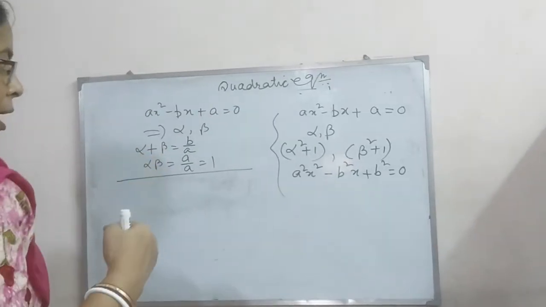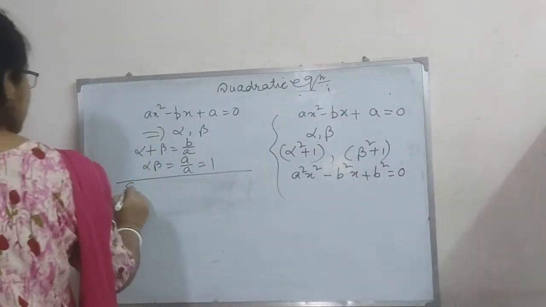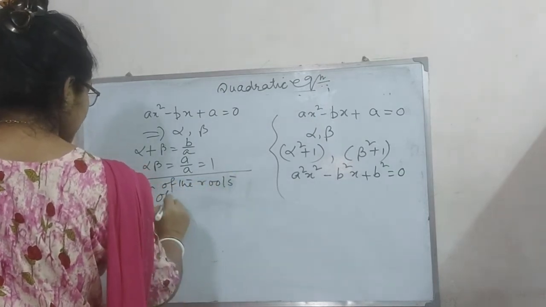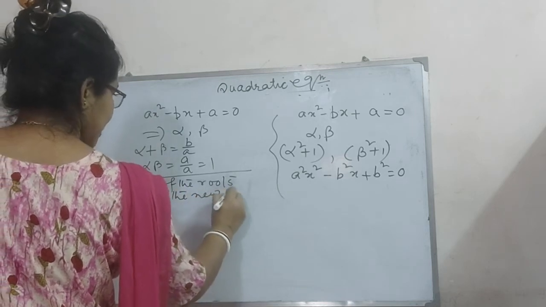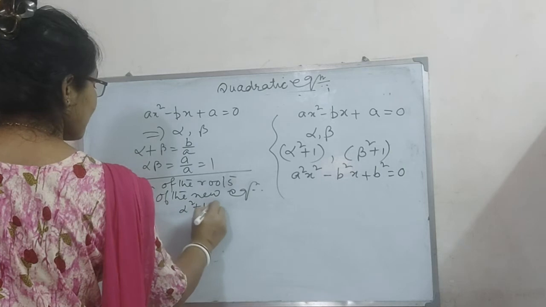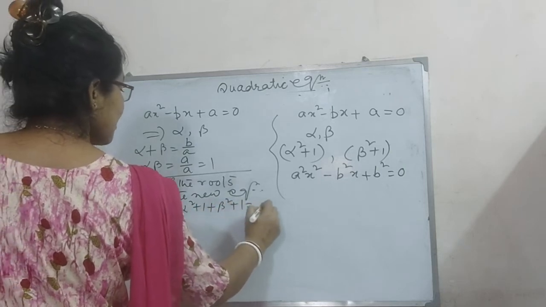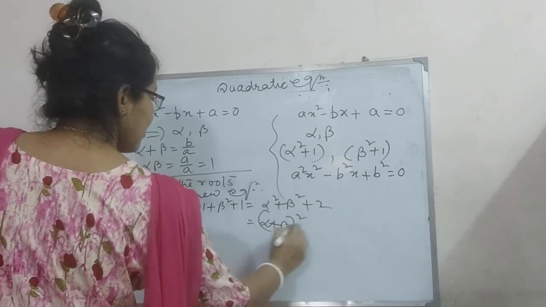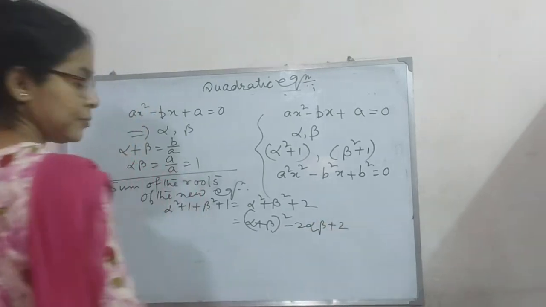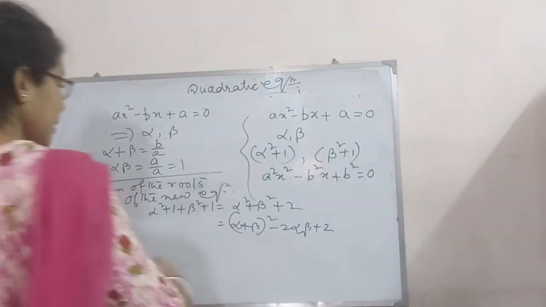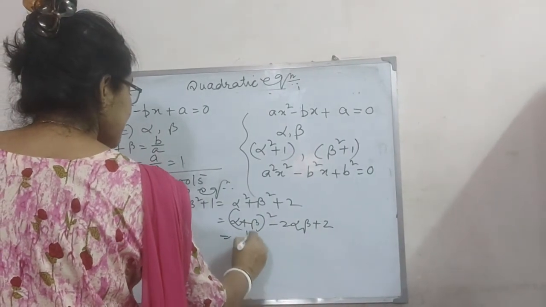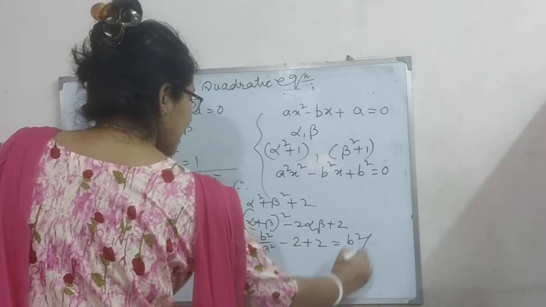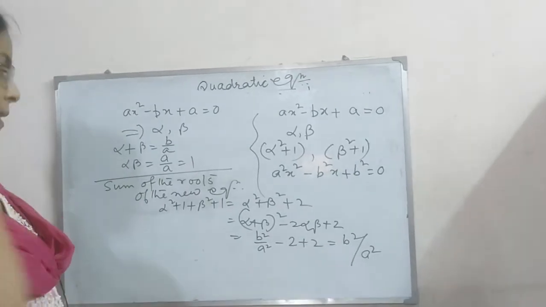Now the sum of the roots of the new equation, that is alpha square plus 1 plus beta square plus 1, equals alpha square plus beta square plus 2, which equals (alpha plus beta) whole square minus 2 alpha beta plus 2. Alpha plus beta equal to b by a, that means b square by a square. Alpha beta equal to 1, so minus 2 plus 2 gives b square by a square. Minus 2 and plus 2 cancel out.